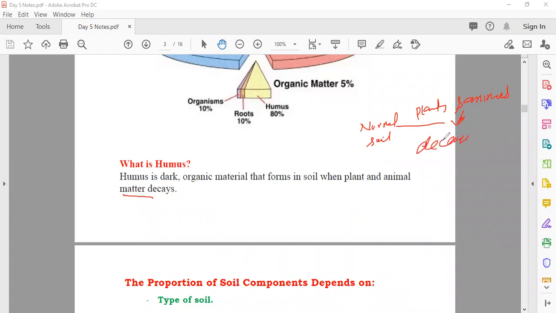Decay means decompose. Then that part of the soil becomes a little bit dark in color, why? Because it has some remains of plants and animals. At that time it's known as humus. Fertilizer-wise, humus is really rich in nutrients and good for the crops.